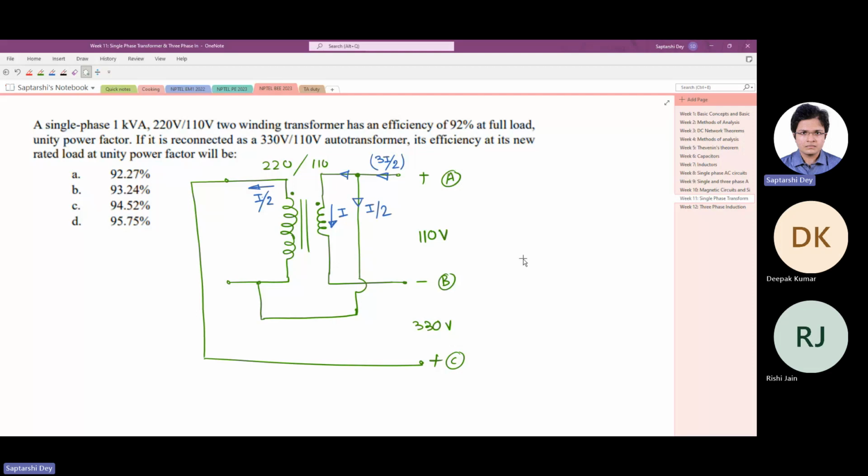That is, the loss does not change. So whether the transformer is used as a regular transformer or an auto transformer, the total loss in the transformer is the same when it is being operated at full load. Is that clear?